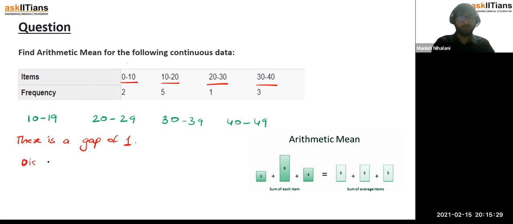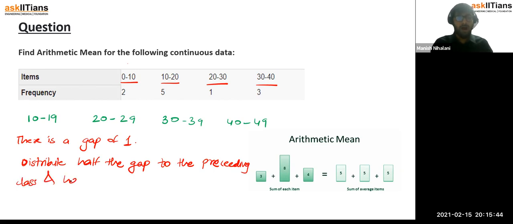You would say distribute half the gap to the preceding class, and half to the succeeding class.